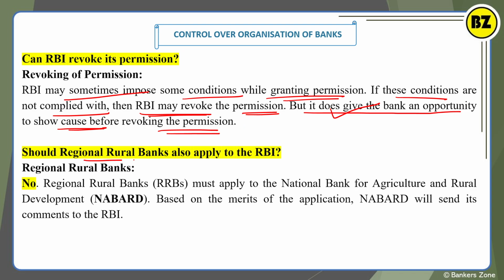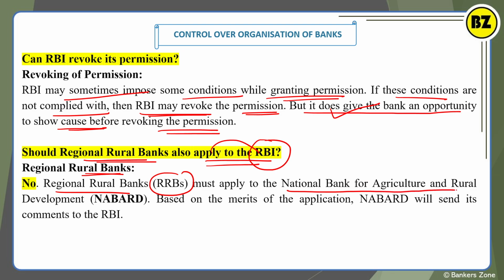Should the regional rural bank, that is the RRB, apply to the RBI for getting the license for opening a branch? The answer is no, a very big no. An RRB must apply to NABARD, the National Bank for Agriculture and Rural Development. Based on the merit of the application, NABARD will send its comments to the RBI regarding opening branches.